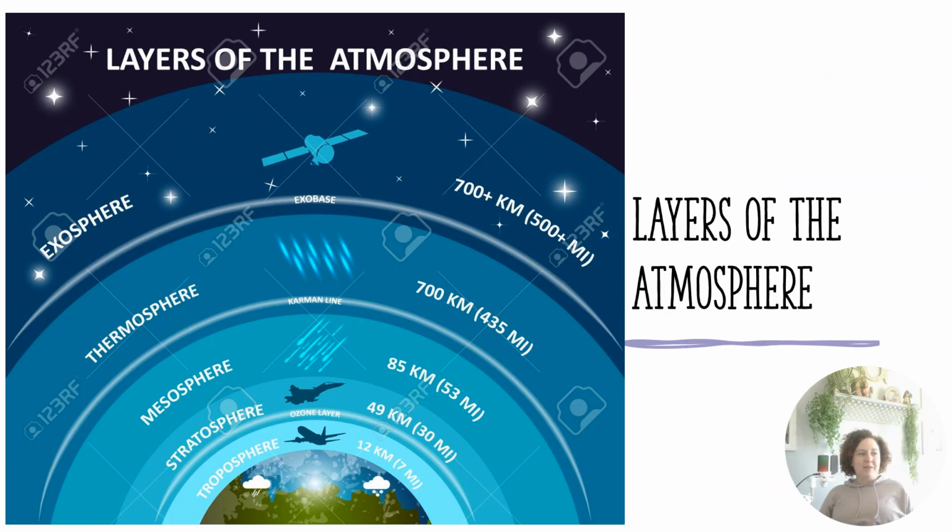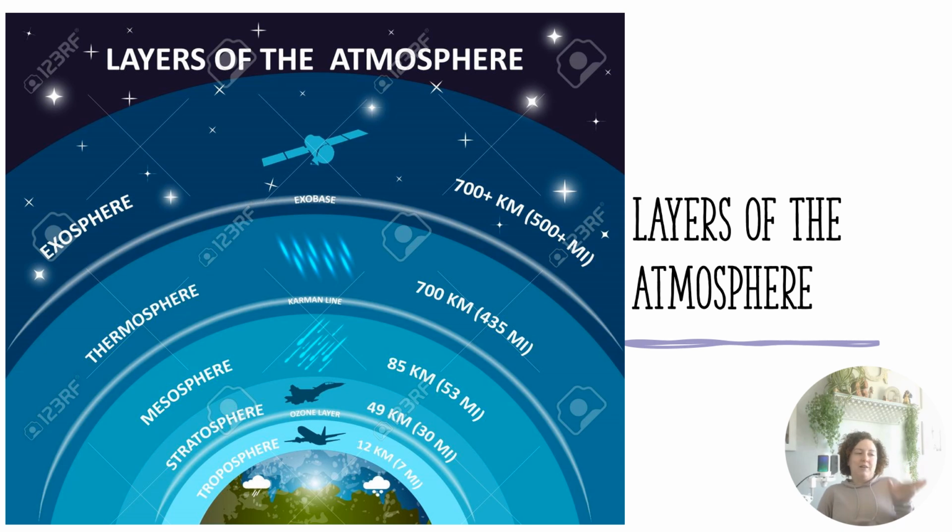So let's talk about the layers of our atmosphere. Just like there are multiple layers within our Earth itself, remember we have the crust, the mantle, and then the mantle can be broken down into the lithosphere versus the asthenosphere, then the outer core and the inner core, all of this fun jazz. Same thing happens with our atmosphere. Starting at the surface, we go troposphere, ozone layer, which is within our stratosphere, mesosphere.